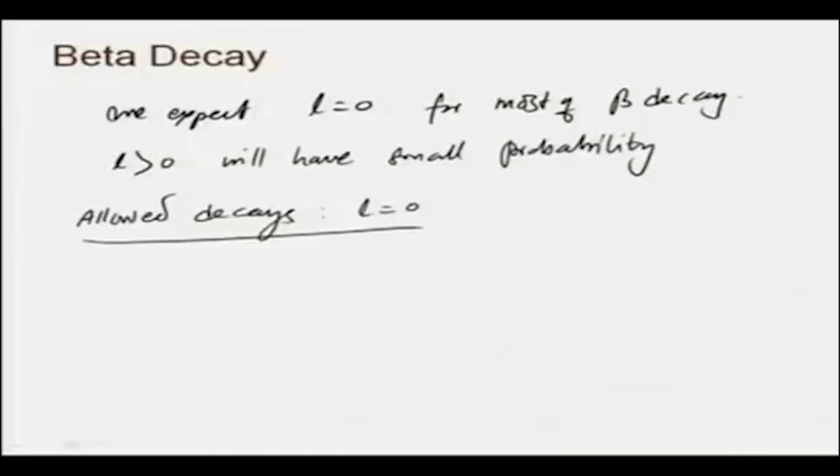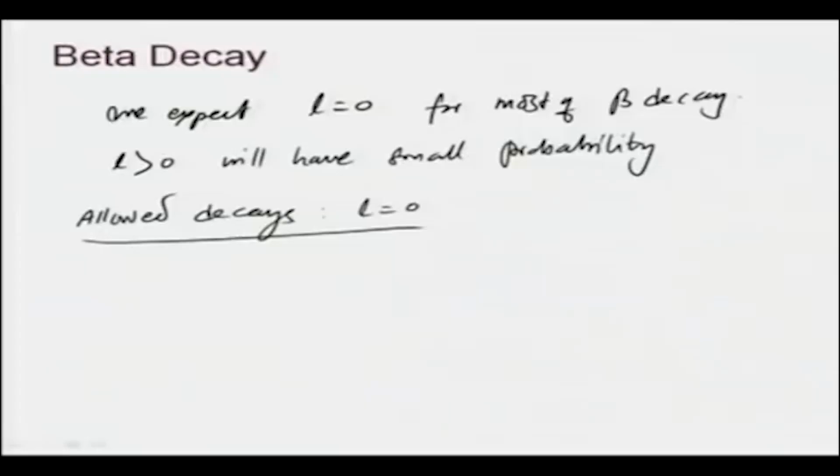It is very unlikely for them to happen. There is one situation where L equal to 0, even if it is energetically possible, will not be possible from the point of view of angular momentum and parity considerations, and then the only possibility is to have the forbidden kind of decay. We will come to that in a minute.